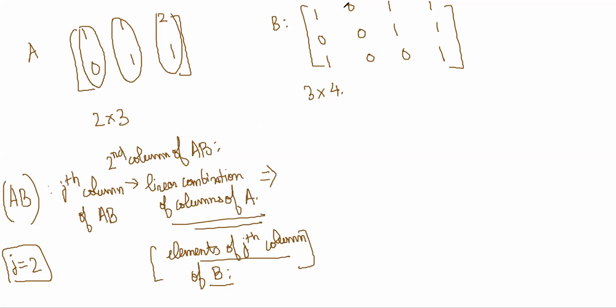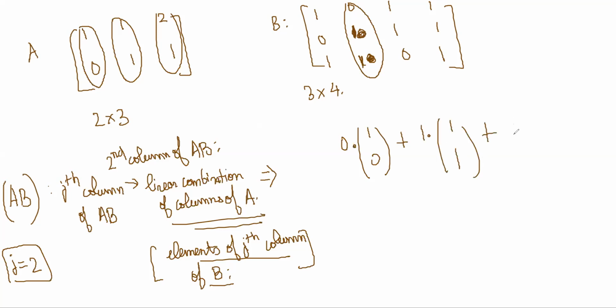Second column of B is which one? This one, right? I will just change it. I'll make it 1 here. So the elements of the second column of B are these. So 0 into the first column of A, (1, 0), plus 1 into (1, 1) plus 1 into (2, 1), right?